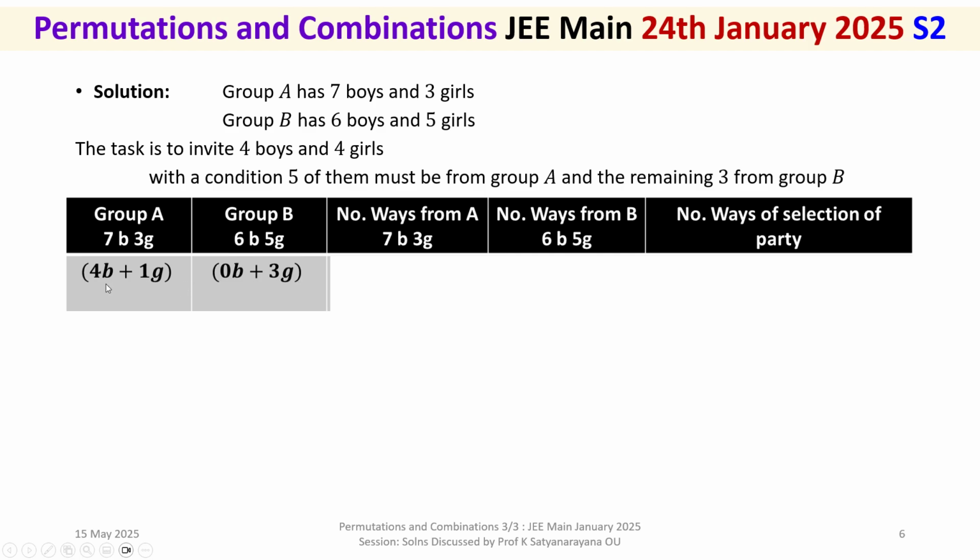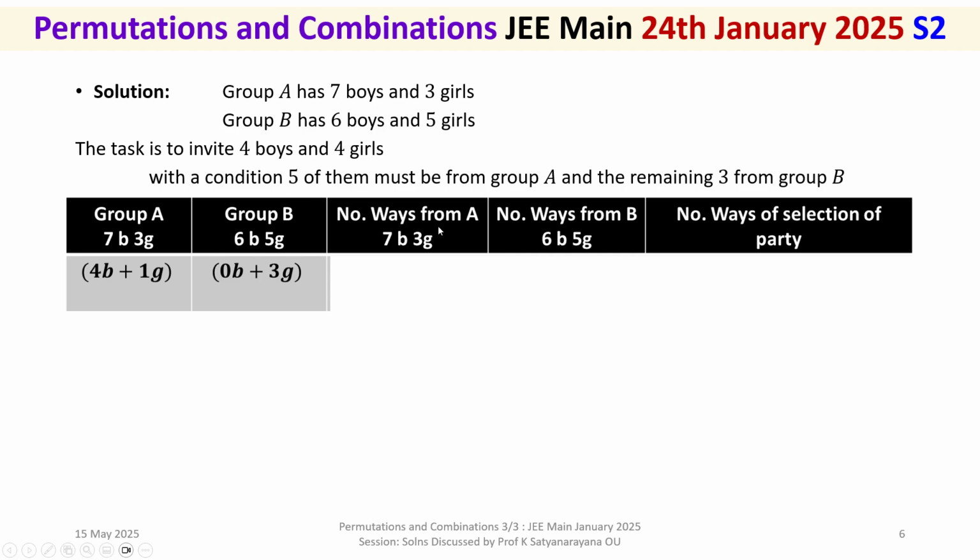Now see, 5 from Group A we have chosen, 3 from Group B we have chosen, and 4 boys we have chosen, and 4 girls we have chosen. So we have done as required.